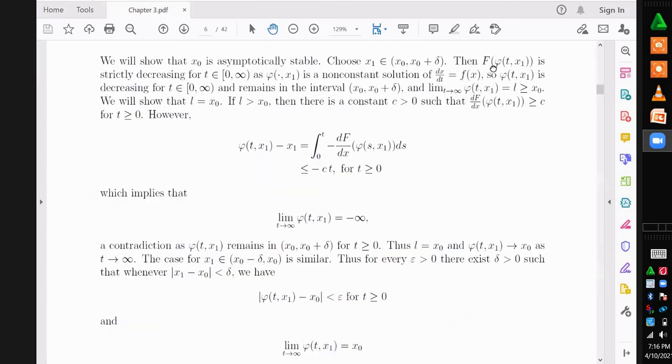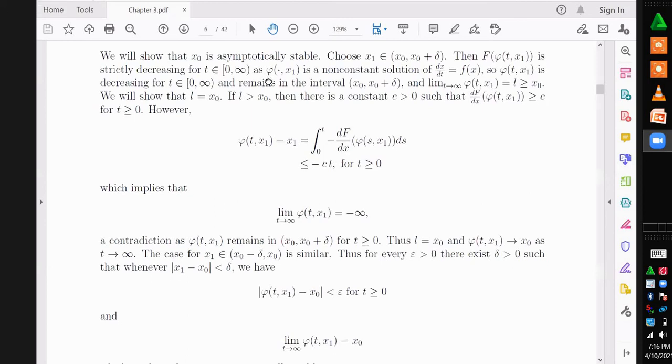Then F of phi(t, x1) is strictly decreasing for t from 0 to infinity, since phi(t, x1) is a non-constant solution of dx/dt = f(x). So phi(t, x1) is decreasing for t in [0, infinity) and remains in the interval (x naught, x naught plus delta) for every t.